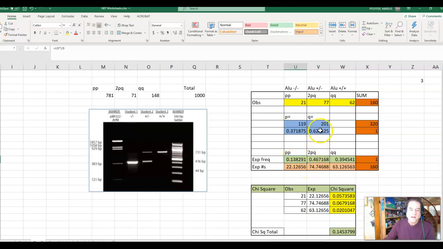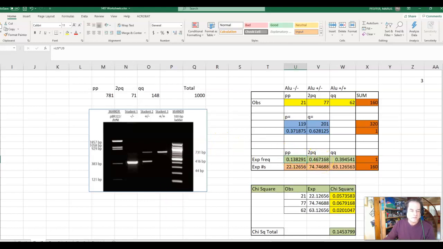We take 160 individuals and we multiply them by 2 times 0.37 times 0.62. And that's going to give us 0.467.